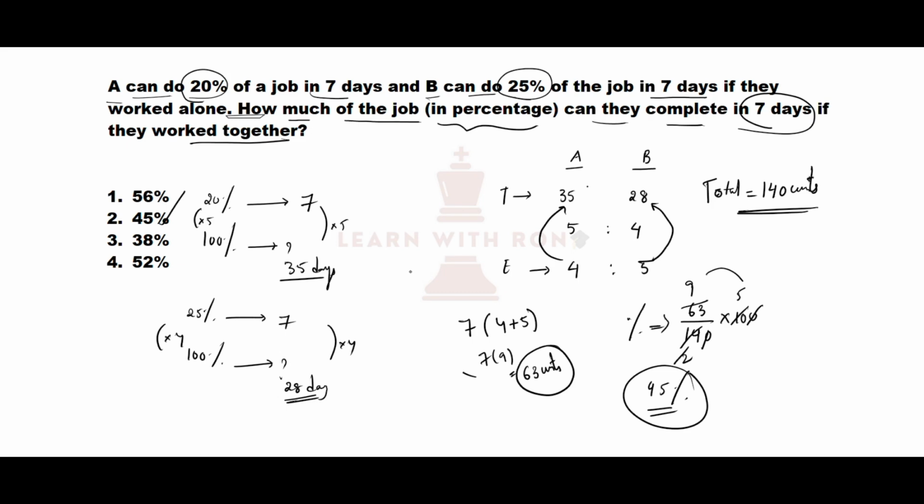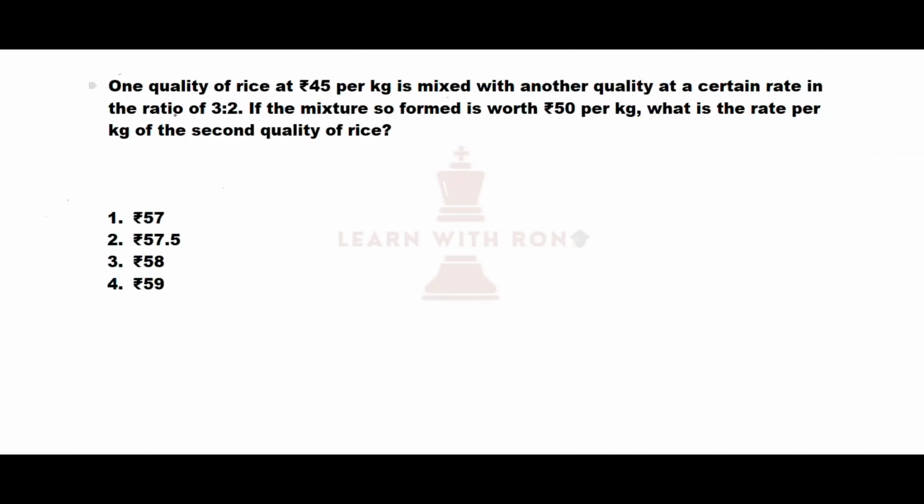Let's see the next question. See this question here. Here they have given one quality of rice at 45 rupees per kg is mixed with another quality at a certain rate in the ratio 3:2. If the mixture so formed is worth 50 rupees per kg, what is the rate per kg of the second quality of rice?